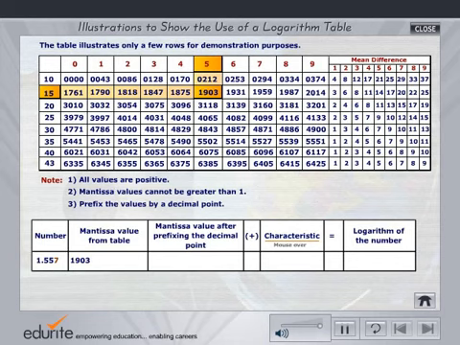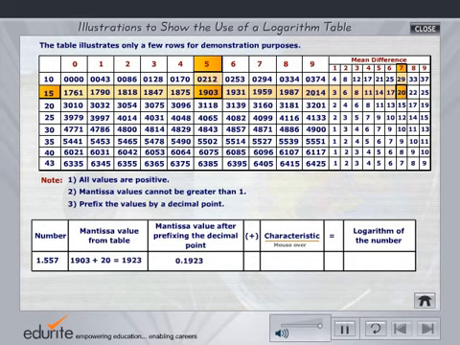Now consider the last digit of the number, that is 7, and mark under mean difference, and again note down the corresponding Mantissa value. The value here is 20, which is also entered into the table. Now, adding these two values, we get the Mantissa as 1923.